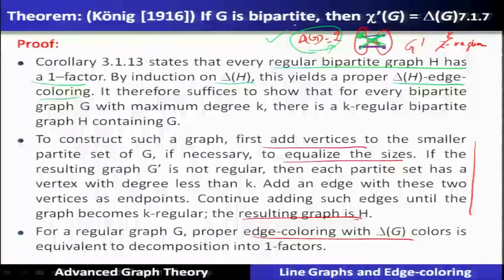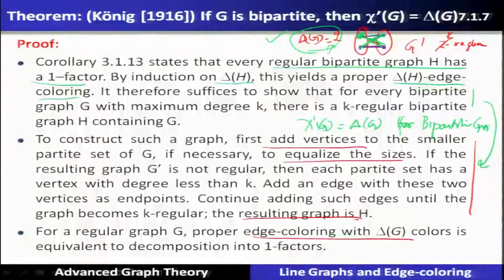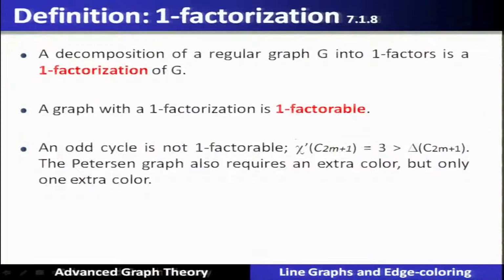We have also shown through these steps that if the graph is not k-regular, we can obtain it by adding vertices or edges. Hence we have seen the theorem that if graph G is bipartite, then chi prime G is equal to big delta G. So for bipartite graphs, this bound holds according to Koenig's theorem.